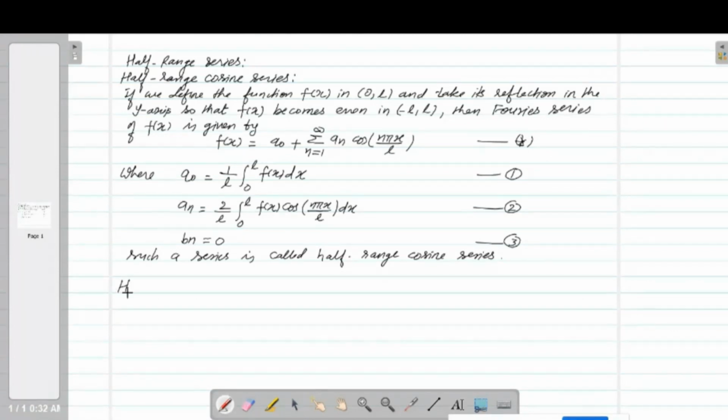So we define half range sine series. What is the half range sine series? Okay, what is the half range sine series?